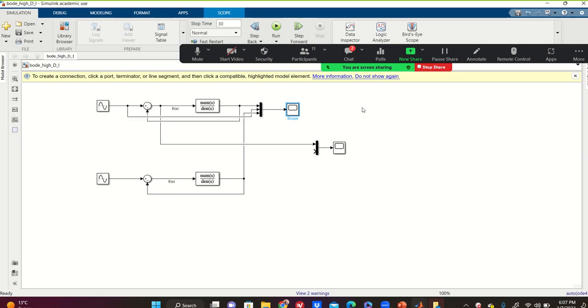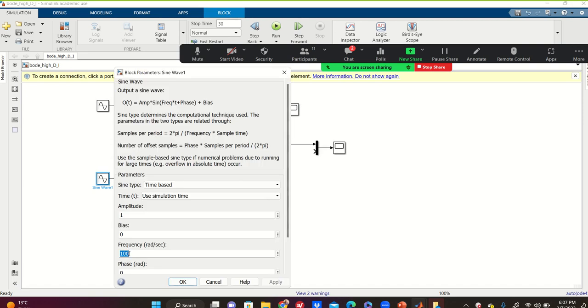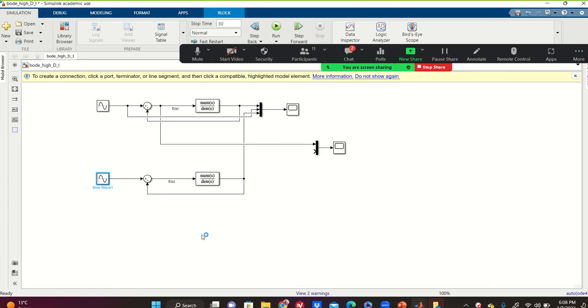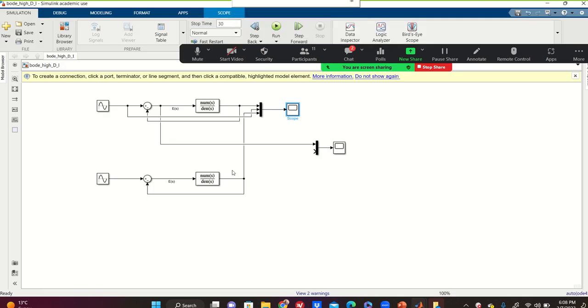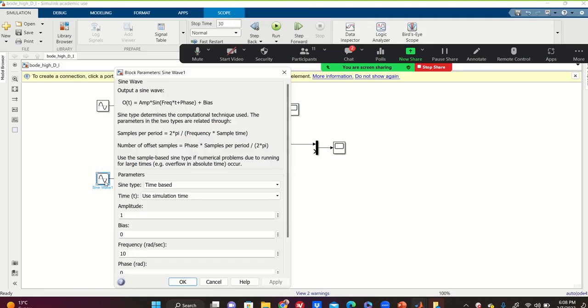Oops, this is too much. That's right, it was lots of noise. Here we go. See, now they are much closer with respect to this, for high frequency.